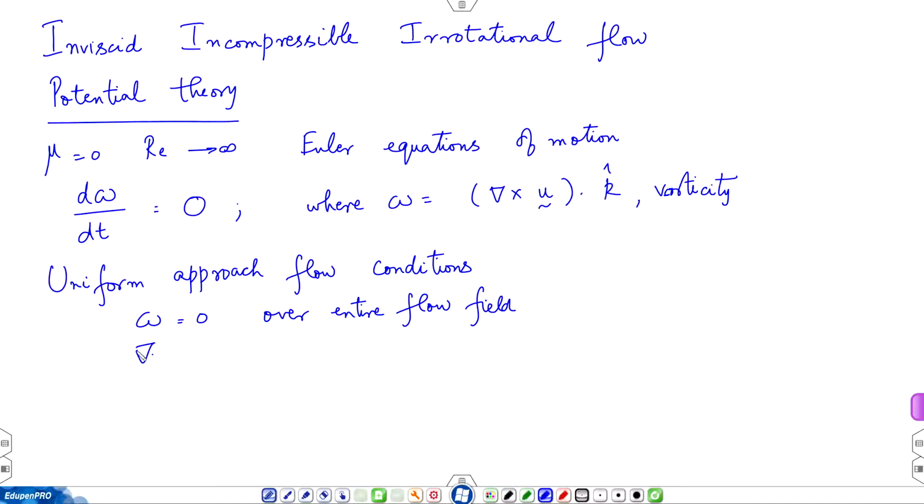And we also have del dot u equal to 0. So, these two equations then become the governing equations for inviscid, irrotational, incompressible flow.